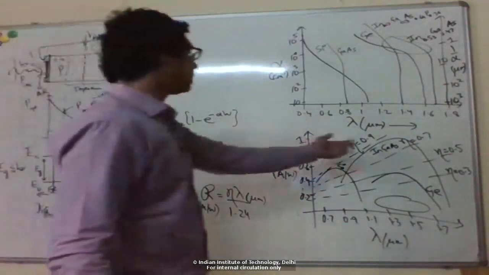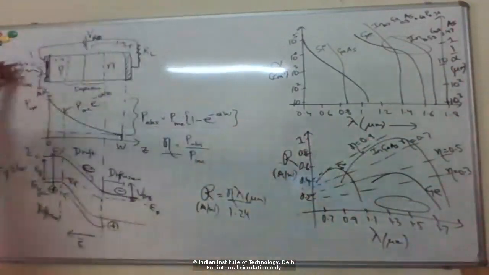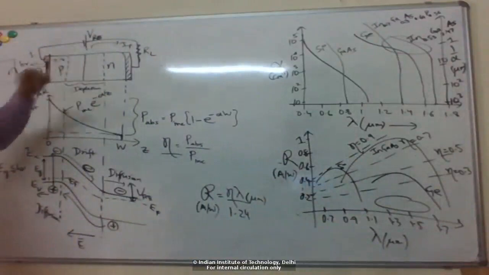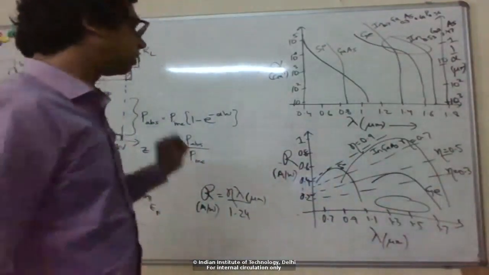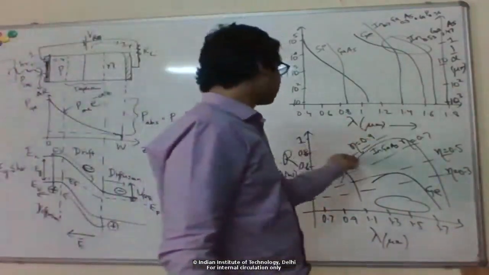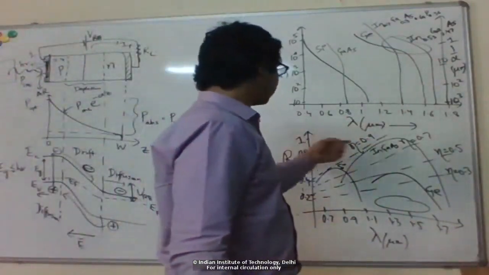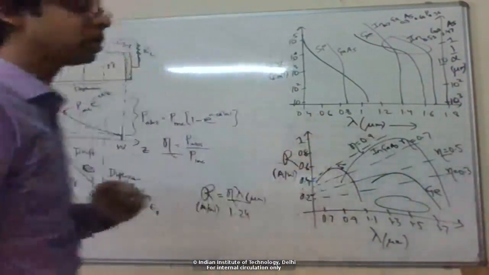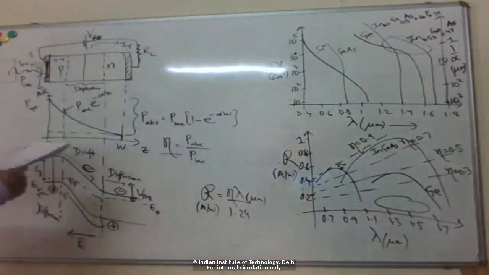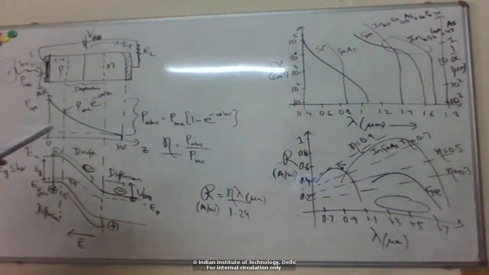Okay, so these are real practical numbers, including this initial reflection loss, maybe some internal losses of the carriers or photons to defects or something. Okay, so typical real devices that you can get in the market have these numbers of 90% quantum efficiency, about 1 amp per watt responsivity.